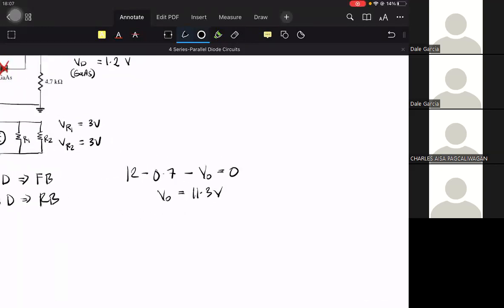So for the current across the load, given the circuit current I, series naman siya, I is equal to 11.3 divided by 4.7. 11.3 volts over 4.7 kilo-ohms.